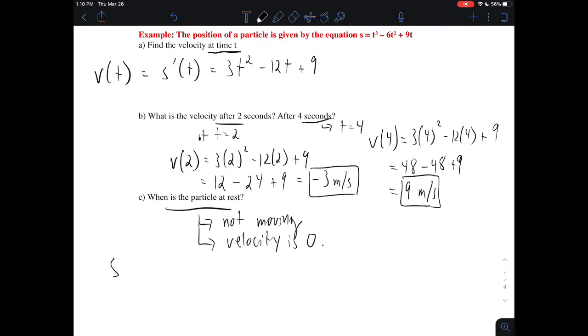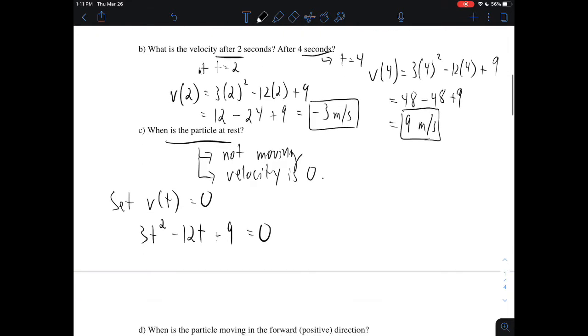So we need to set v of t equal to 0, which means take our velocity function, 3t squared minus 12t plus 9, and set that equal to 0. And for this, we're just going to use some factoring. So first of all, there's a greatest common factor of 3.